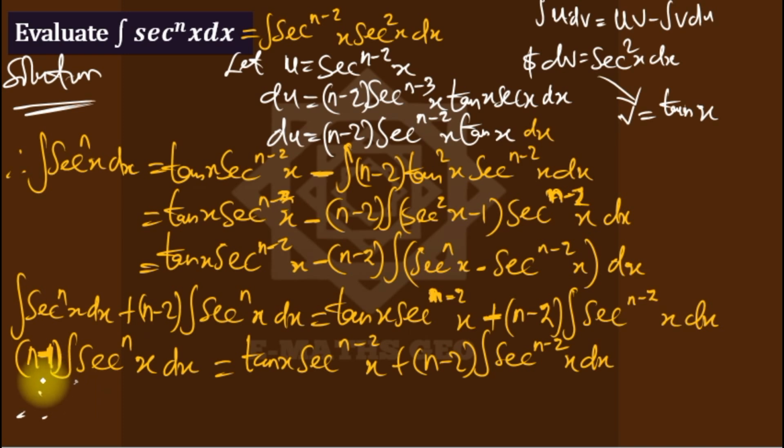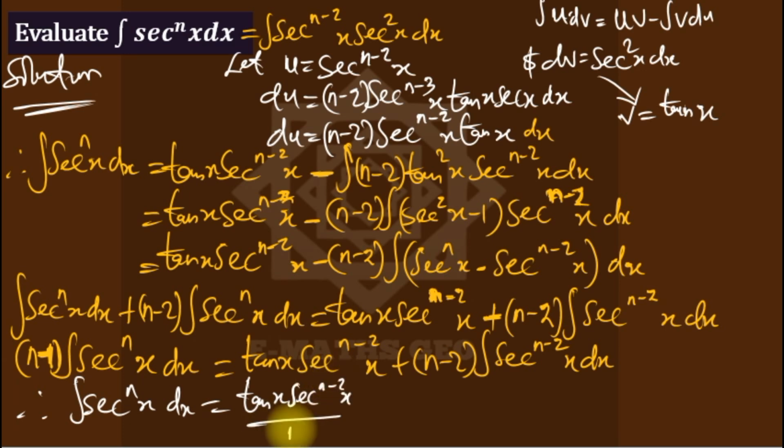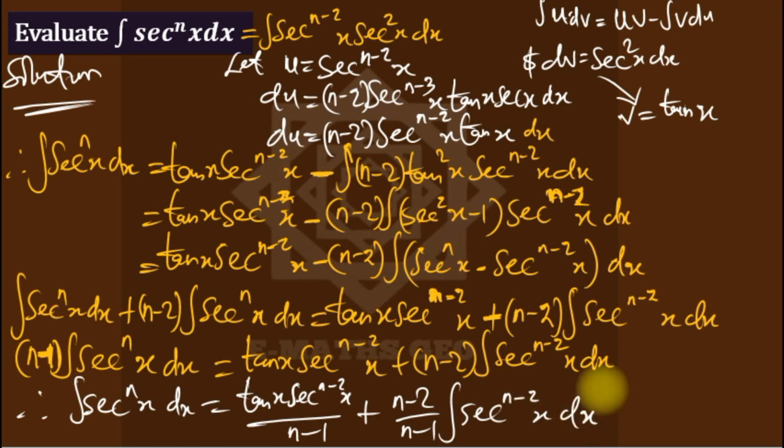So we divide by n minus 1. So I have the integral of sec x raised to the power n dx is now tan x sec x raised to the power n minus 2 over n minus 1, plus n minus 2 over n minus 1 times the integral of sec x raised to the power n minus 2. So that's what we use in solving this.